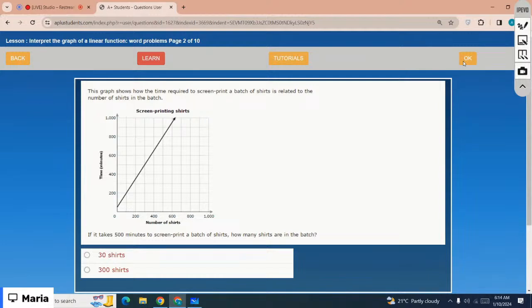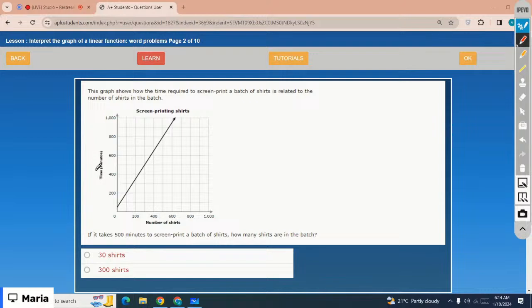This graph shows how the time required to screen print a batch of shirts is related to the number of shirts in the batch. If it takes 500 minutes to screen print a batch of shirts, how many shirts are in the batch? Okay, so you have 500 minutes, right? Here is the time on the y-axis. So 500, here is 500, right?